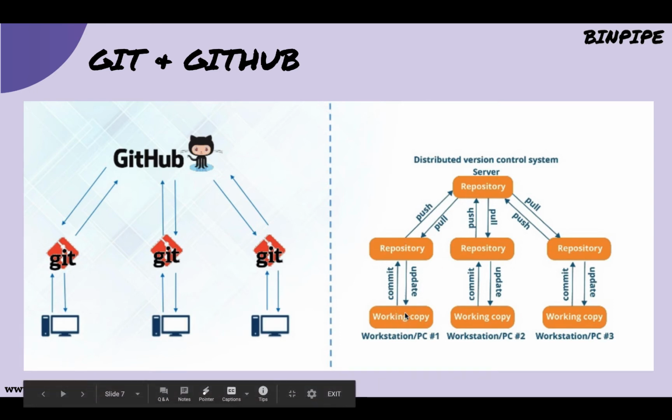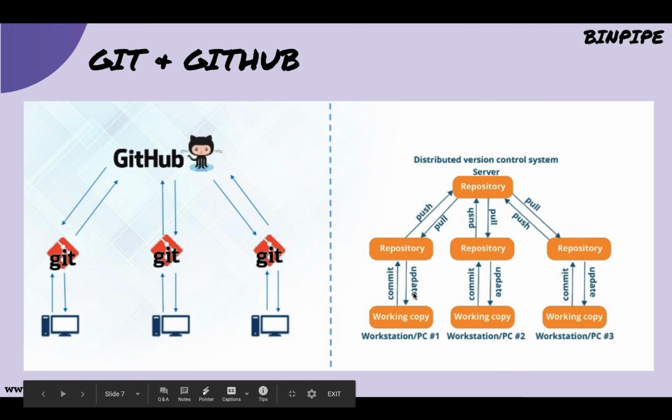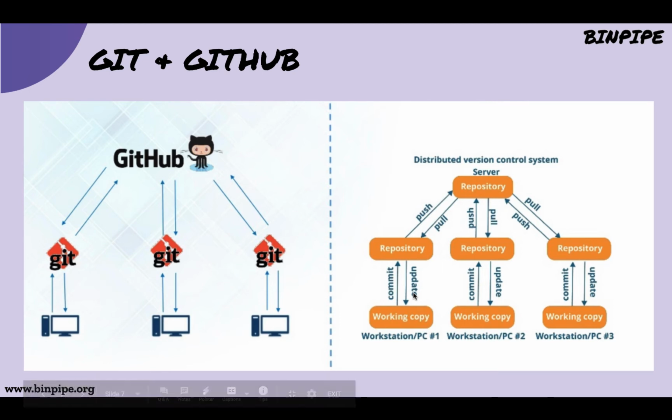Now, when the developer writes code and saves the code and wants to commit it to a repository, he runs certain commands, and that code is staged on his local repository. That doesn't mean all the others get it at that point. It is just staged and committed. Just like when we write something and store it in a file, we call it saving. You do a Control S and you say the file has been saved. Similarly, when you want to store something in a repository, you say that you have committed it.